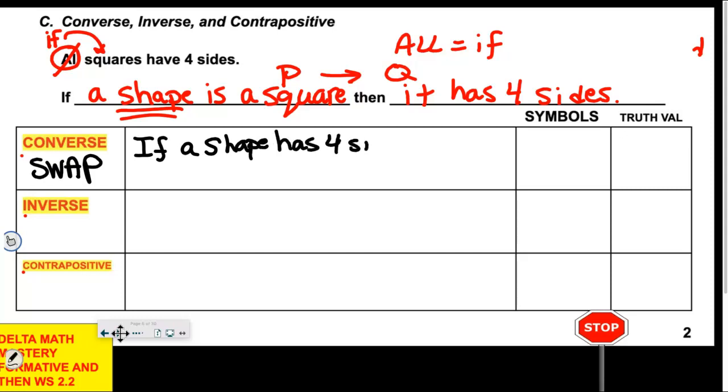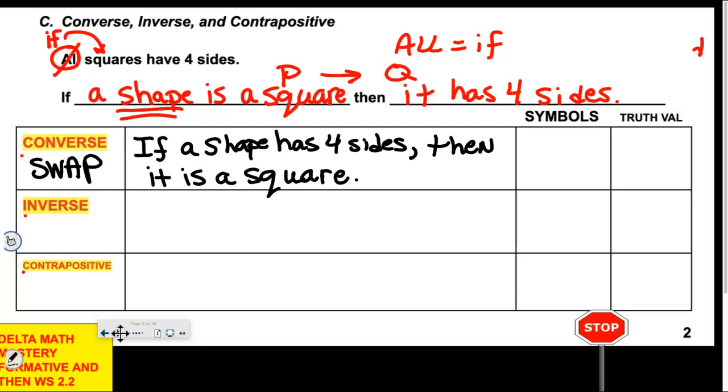So we're basically reversing or swapping the if and the then. So if a shape has four sides, then it is a square. And again, if I'm writing too fast, you just go ahead and pause the video.